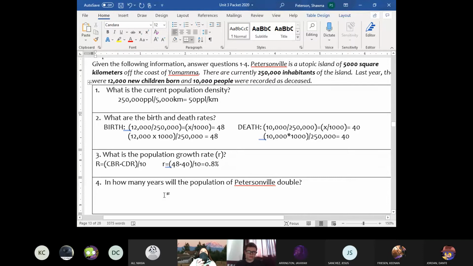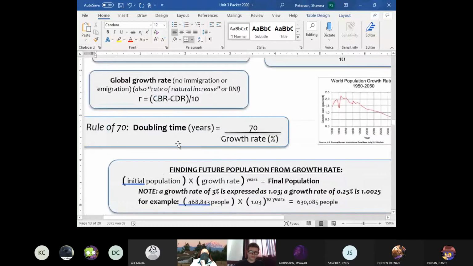All right. In how many years will the population of Petersonville double? What equation are we going to use for that? Which one has to do with doubling time? Yeah, the rule of 70. Very nice.